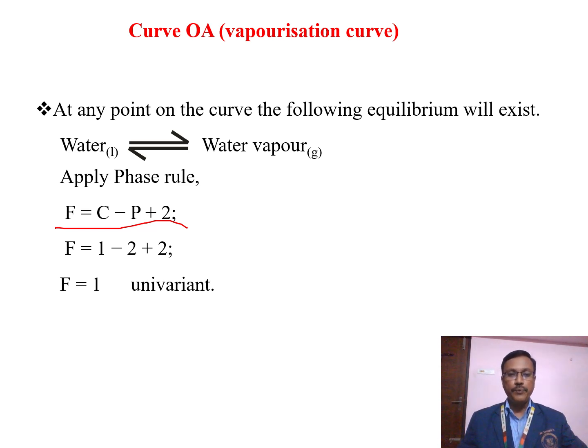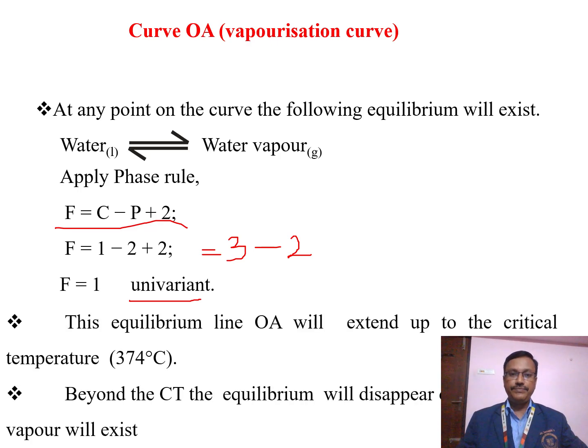So we can put 2. F is equal to 1 minus 2 plus 2. What is the answer? 1 plus 2 is 3. Minus, we do have 2. So 3 minus 2, that is equal to 1, which is known as univariant. So curve OA is univariant.